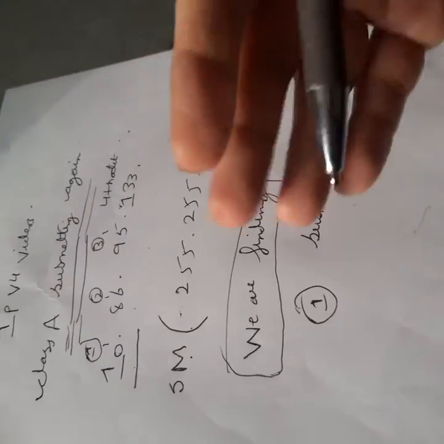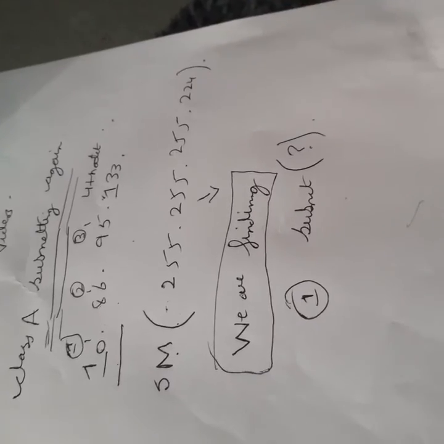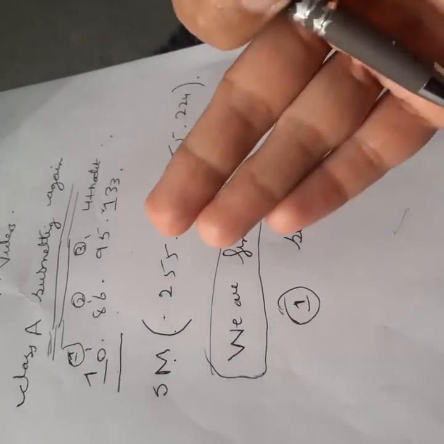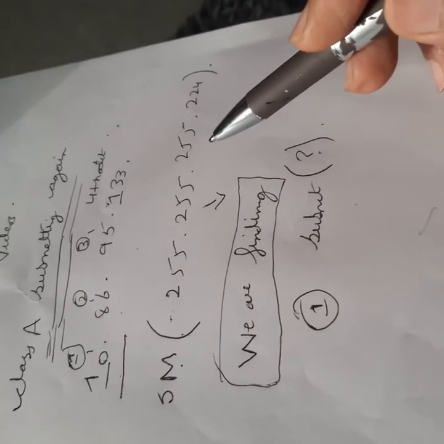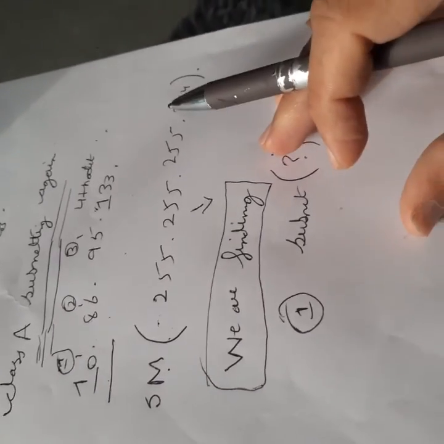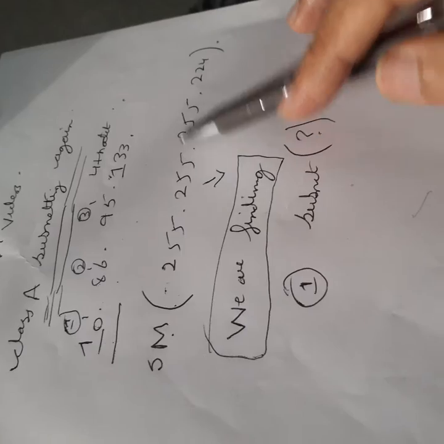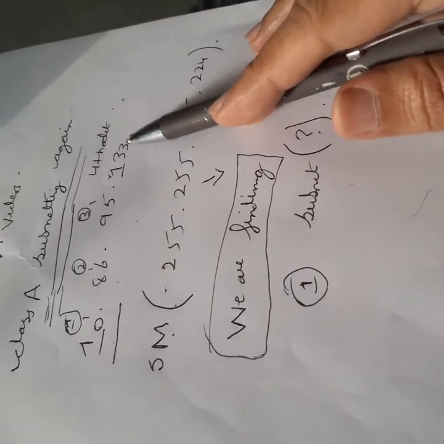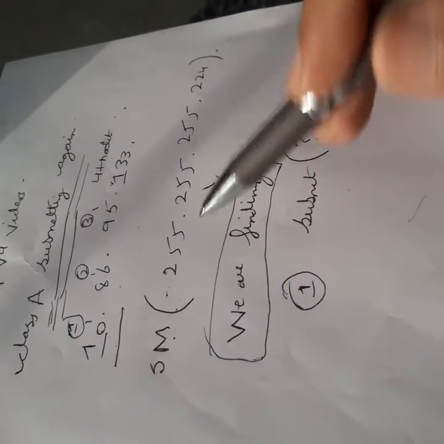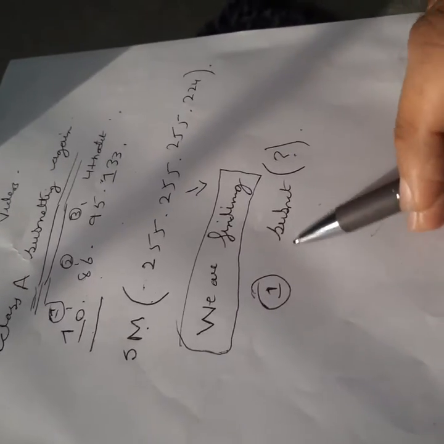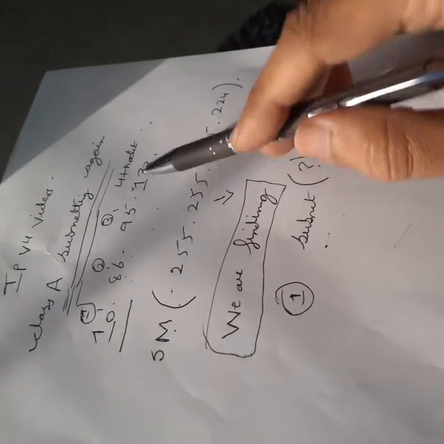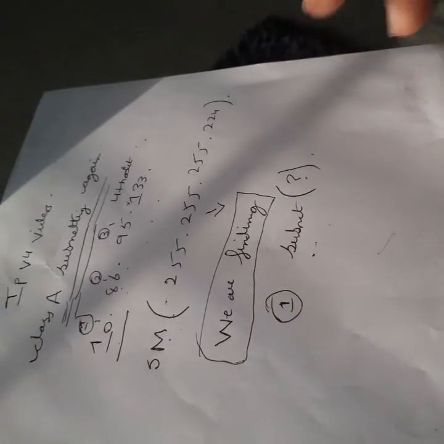So first we have to find out the slash notation, then carry on. If there was a slash notation, I'll convert that into dotted decimal and then we'll move forward. So in this scenario, we are finding what subnet this is going to be on when our subnet mask is this.